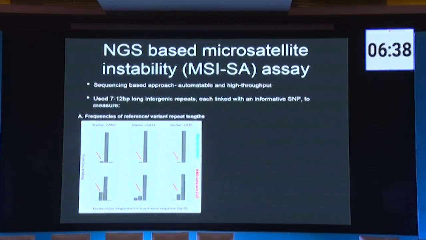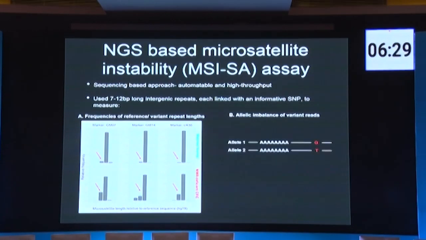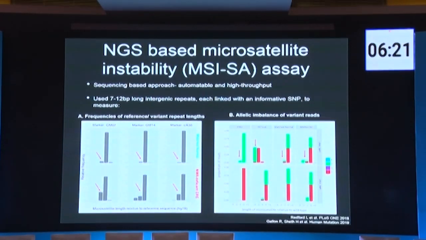One, we look at how many letters have been either incorporated or deleted in those microsatellite regions. We count them up. The second thing we see is whether those deletions or additions have happened on just one allele or on both alleles. If they have happened on both alleles, then it's quite likely a technical artifact coming from PCR or your sequencing machine, or if it's happening on a single allele, then it's quite likely to be a genuine mutation.